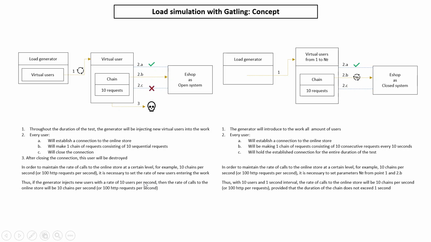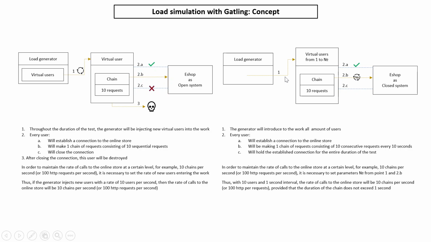Now let's look at how to test the eShop as a closed system. To achieve this goal, the algorithm of the load generator will be constructed as follows. First, the generator will inject all scheduled users into work, thereby limiting the number of users who can work with the system.